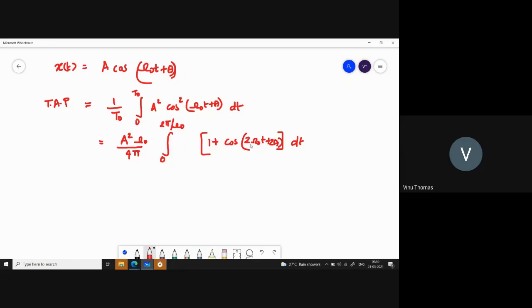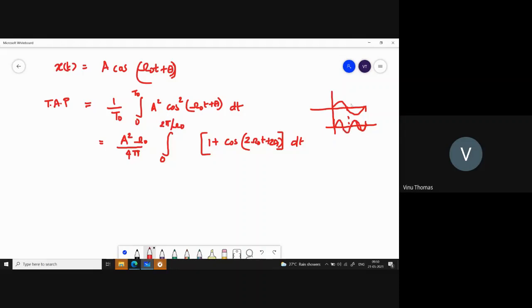So, within this integral, you have this term 2 omega 0, right? So, if previously the period was omega 0, to draw only the positive part. Now, when the frequency is twice the frequency, this is the signal having twice the frequency.